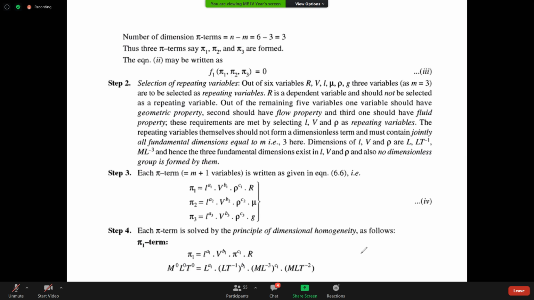If I come here, L power 0 is equal to L to the power of B1, L to the power of minus 3C1, into L. So it becomes 0 is equal to B1 minus 3C1 plus 1.